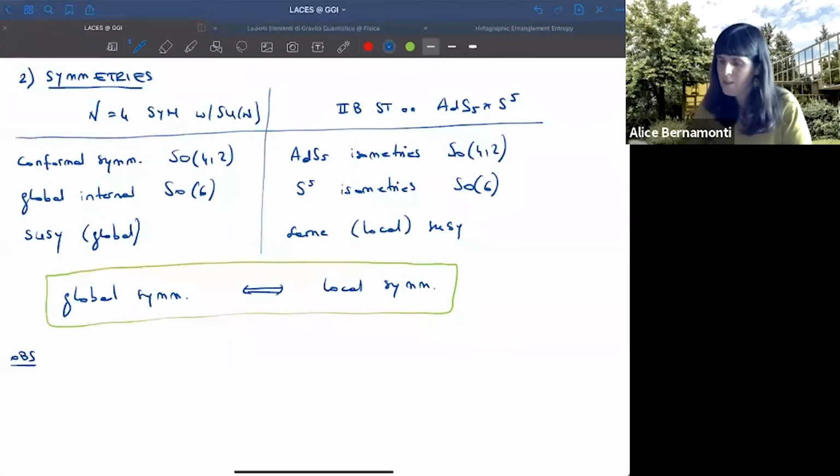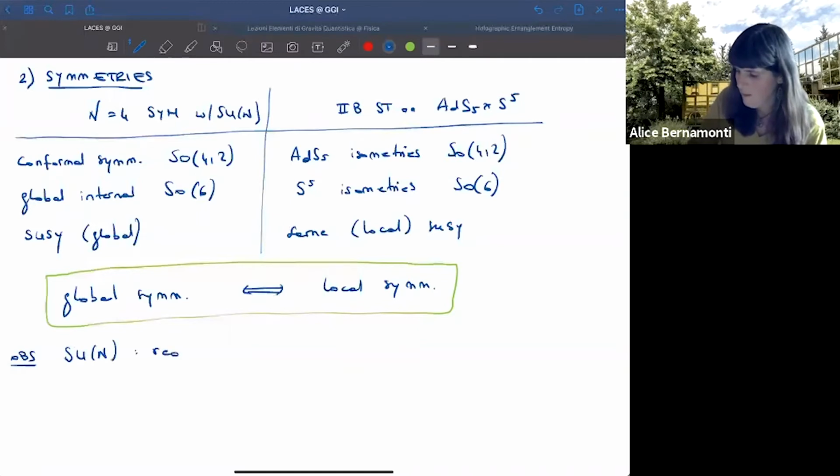This is clearly understood because, being a gauge symmetry, it simply describes the redundancies of the theory, and that's why it has no physical counterpart.